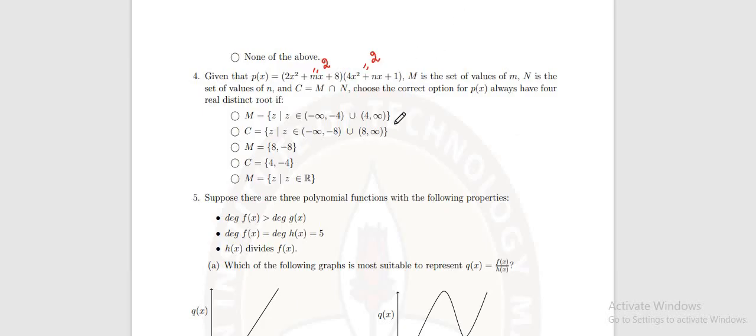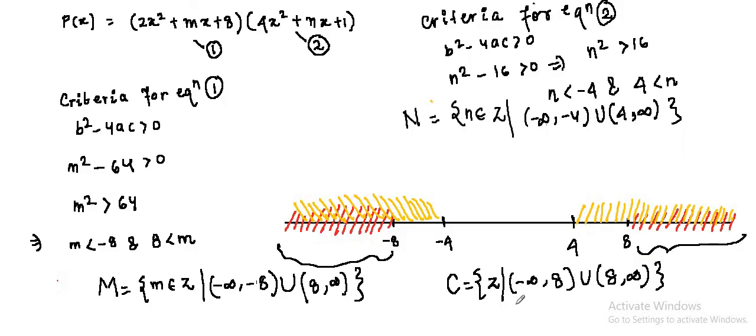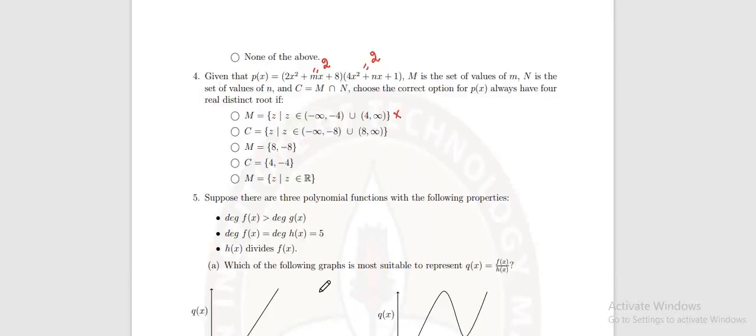So option A is incorrect. Moving on to option B, Z belongs to minus infinity comma minus 8 union 8 comma infinity. Let's check whether we have got the same. Yes, we have received the same. So definitely option B will be correct.